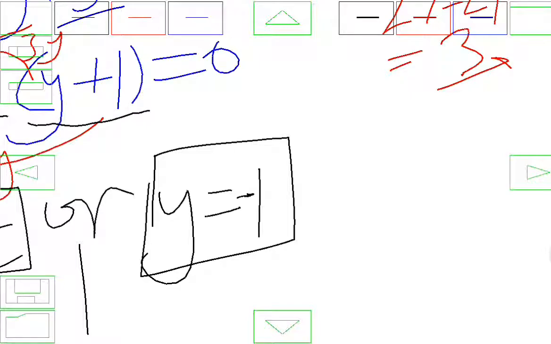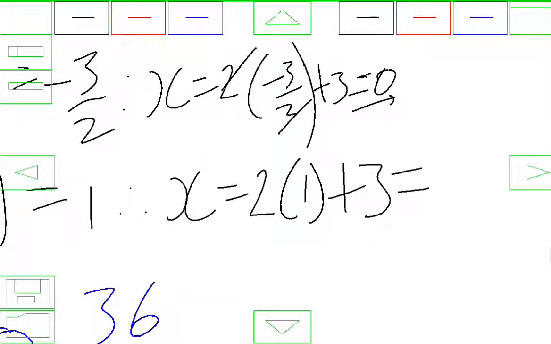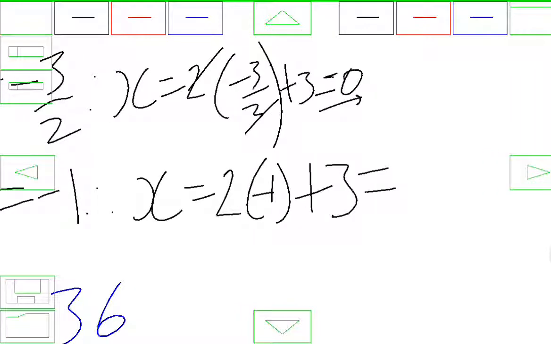This should be a negative. Remember, this is a positive, so when you take it to that side, it'll have to be a negative. So this is a minus, that's a minus. Let's just get rid of this here. Minus 1. As a result, minus 2 plus 3 will give us 1.